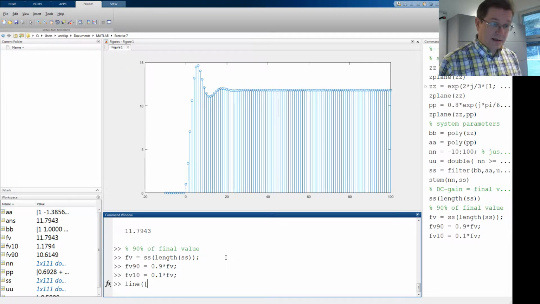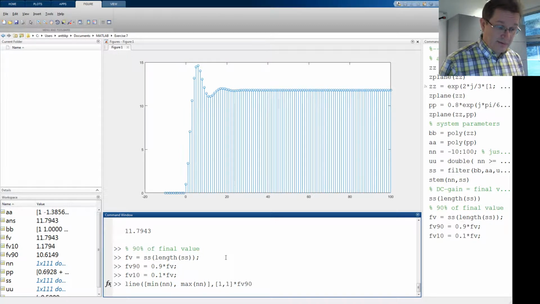I just do this one guesstimating from graph. So line x, for example, from -10 to, or minimum of indexes to maximum of indexes, and then the vector 1 1 times fv90.